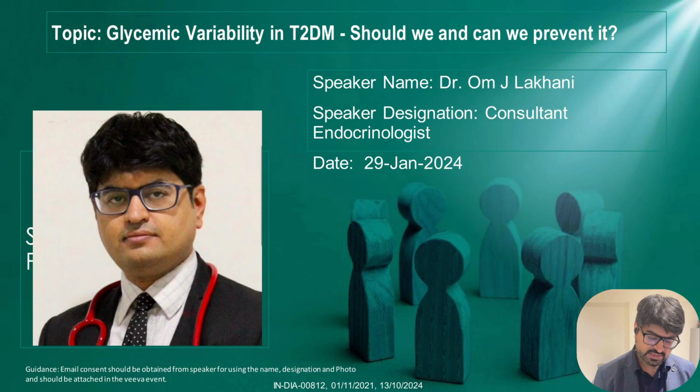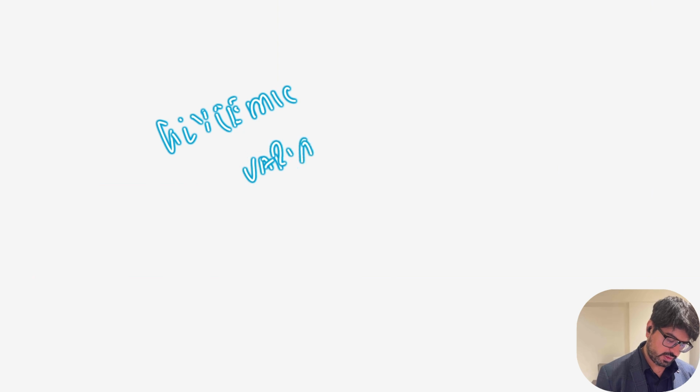So let's start with the initial concept of glycemic variability. Some time back, they did an experiment where they put some cells in two glucose solutions. In one case, they kept the sugar persistently high, let's say in the range of 300.